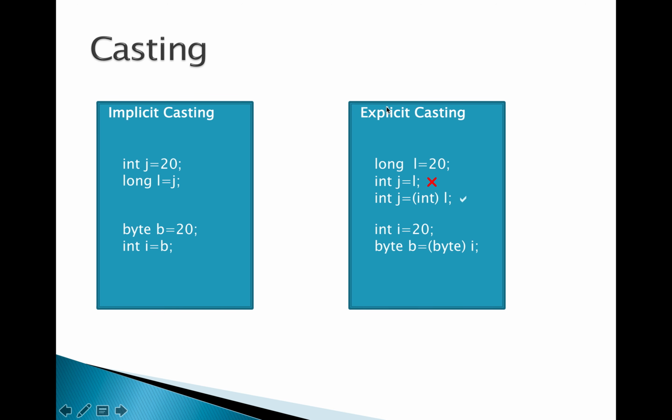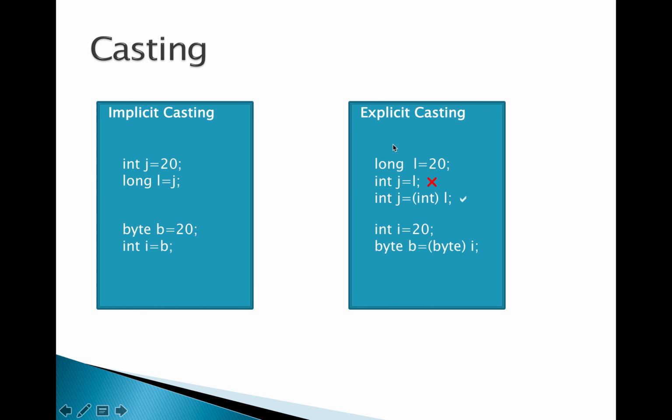And explicit casting, if at all I wanted to do that, I need to squeeze it, which means I'm going to lose my number basically. For example, here I'm saying long L is equal to 20. Long is of 64 bits, and if I wanted to put that long variable into an integer, which is of 32 bits, you are squeezing the 64 bits into 32 bits, which is not going to automatically take place.